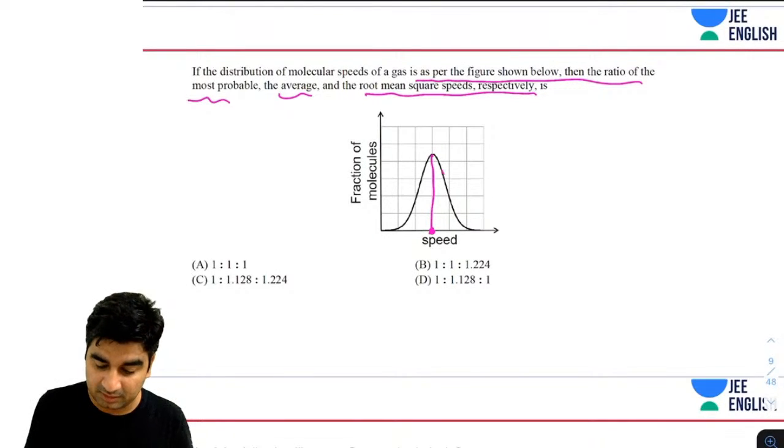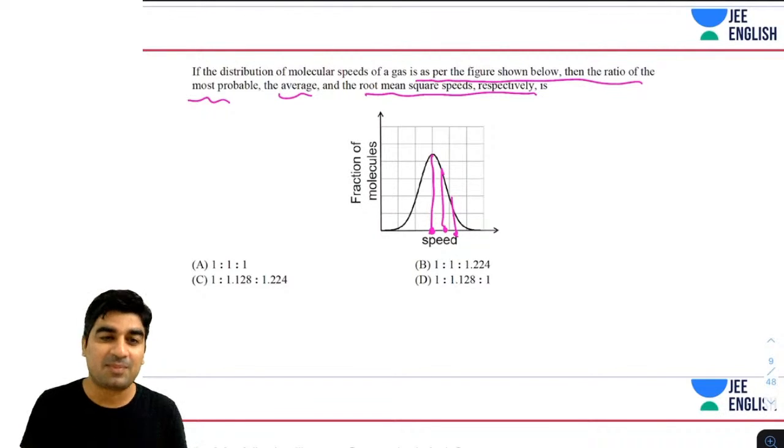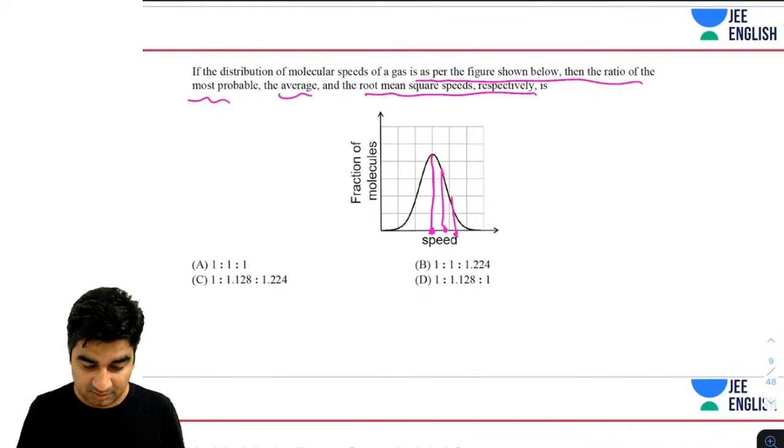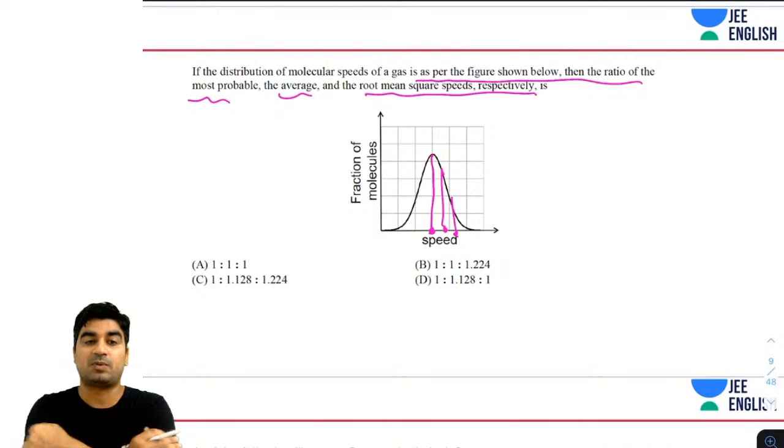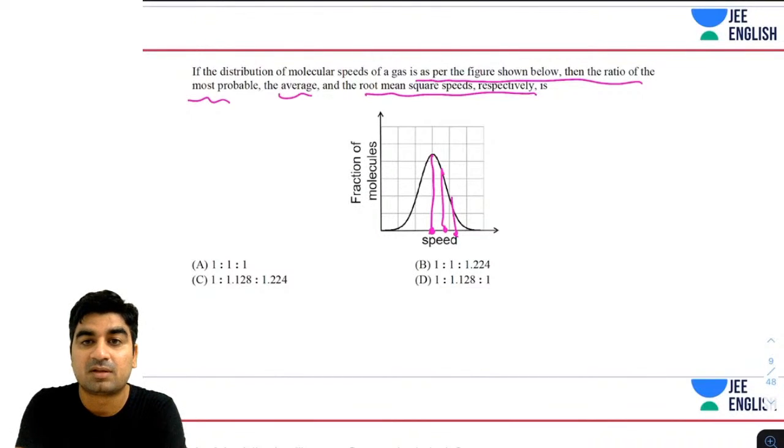You will be getting the most probable, then the average, and URMS. So the ratio of the most probable, the average and the root mean square speed respectively is.